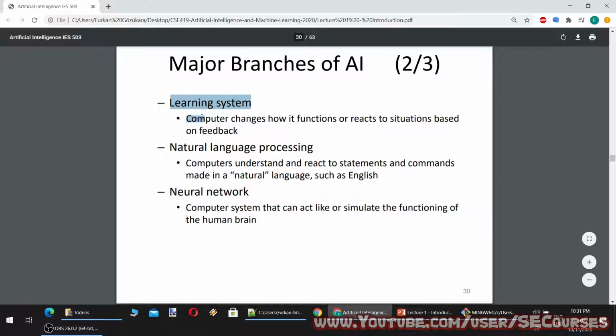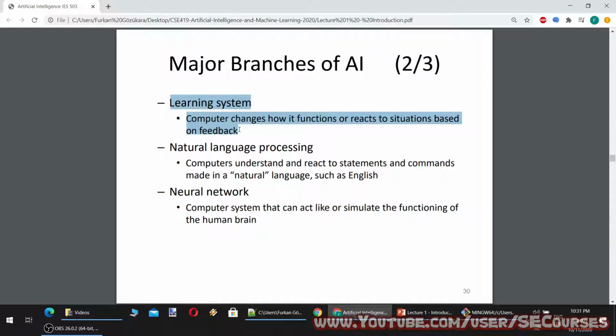This learning system is used in many of the current AI systems, such as we talked about how an AI beat the experts of the Dota 2 game. They used a reinforcement learning system. We saw how they use it.